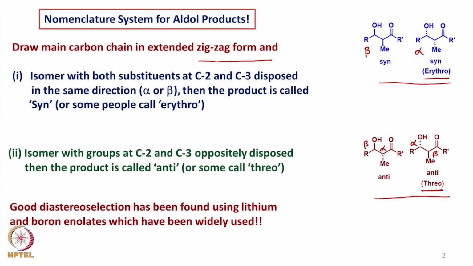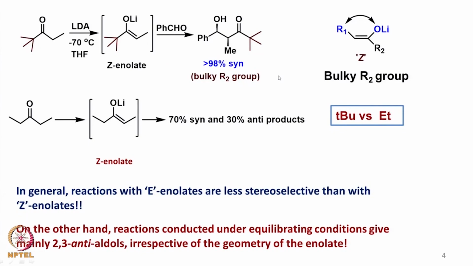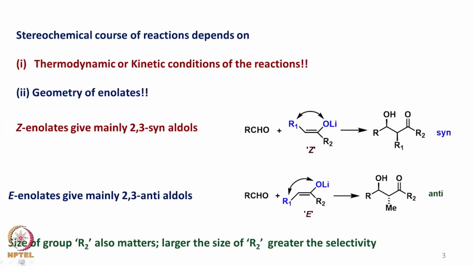It has also been found that good diastereoselection is noticed using lithium and boron enolates, which have been widely used. The stereochemical course of reaction depends on thermodynamic and kinetic conditions. Different kinds of thermodynamic and kinetic conditions are employed. It also depends on the geometry of the enolates.